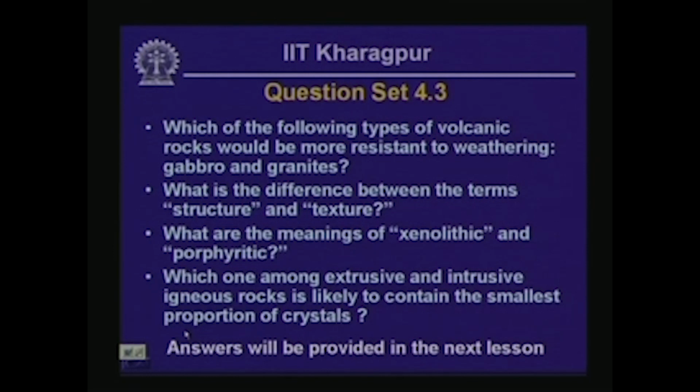And finally, we end this particular presentation with a question set. First question is, which of the following types of volcanic rocks would be more resistant to weathering, gabbro or granite? Second question that I give you is, what is the difference between the term structure and texture?